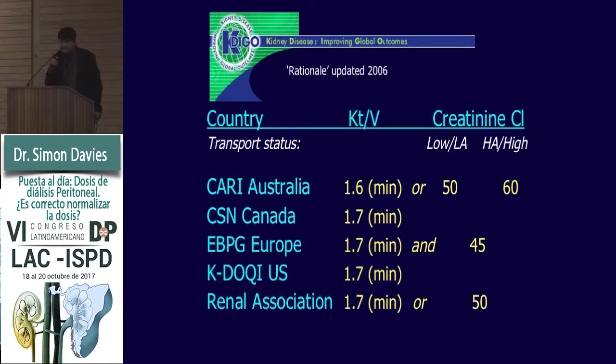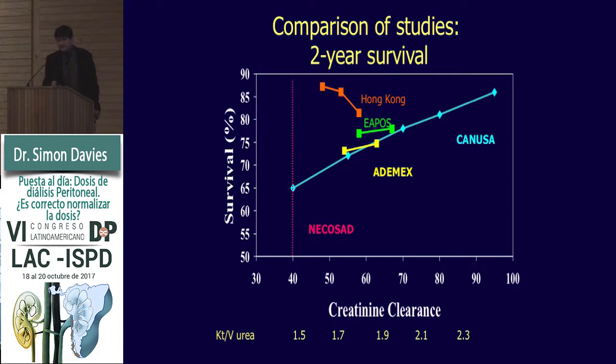So actually the best evidence we have does relate as much to creatinine clearance as it does to Kt/V for urea. So why was this minimum dose concept considered?